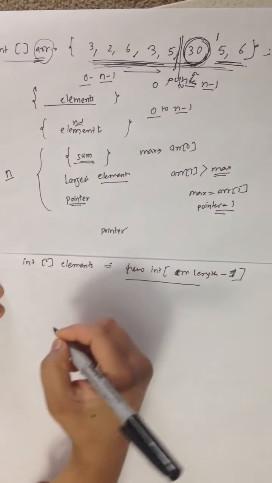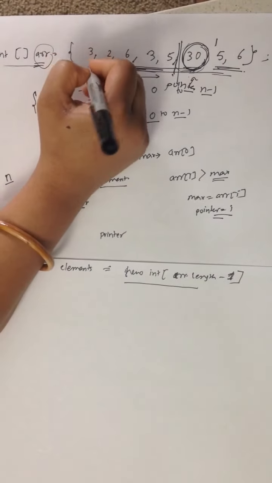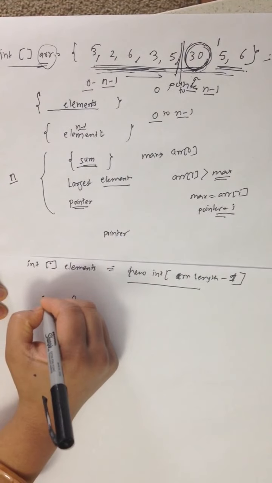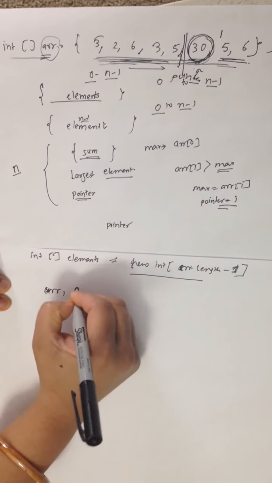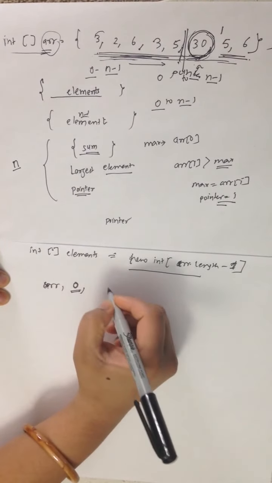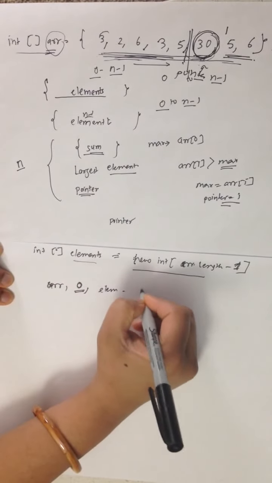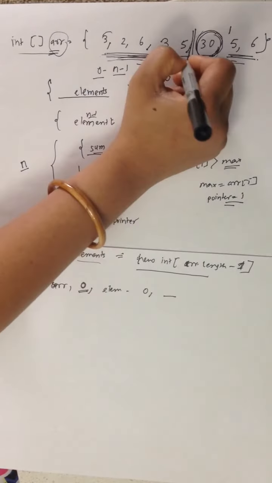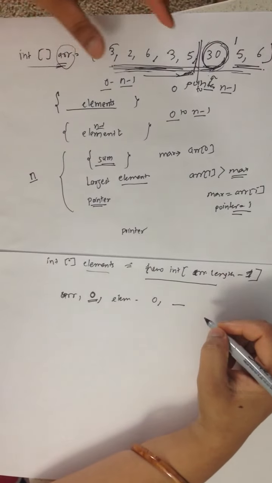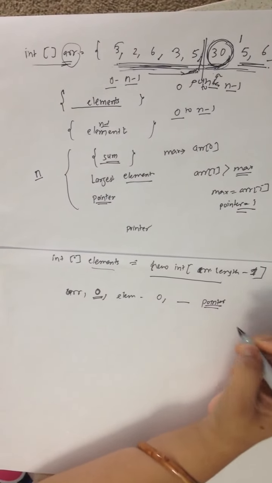So we will start with the source array, which is array, and the starting index will be 0, and we will copy this into the new array starting at 0. And how many elements will we copy? Till here. That means the total length will be the value of the pointer.